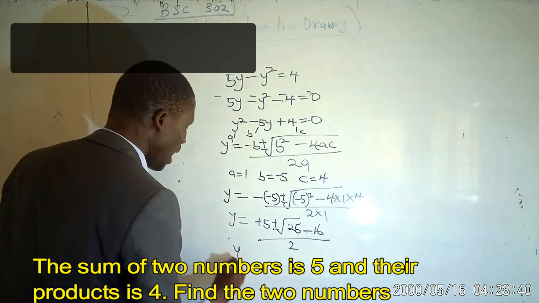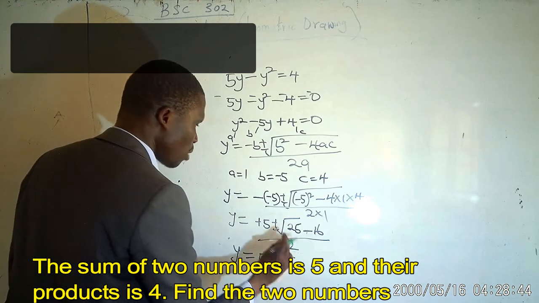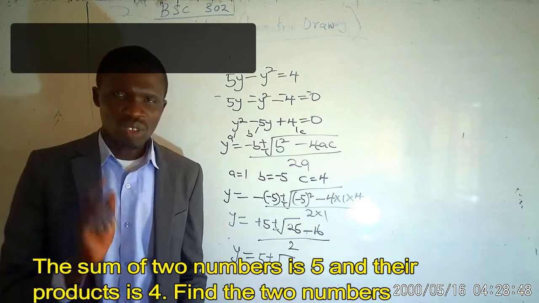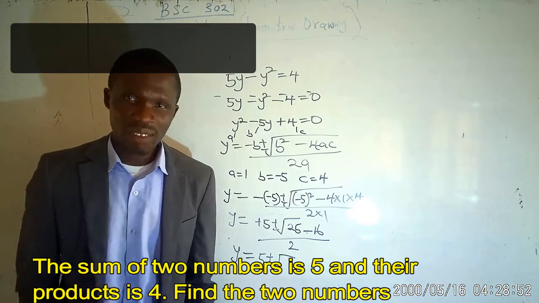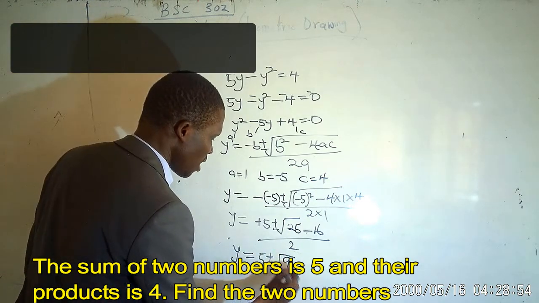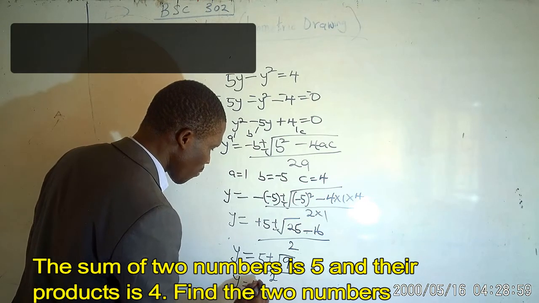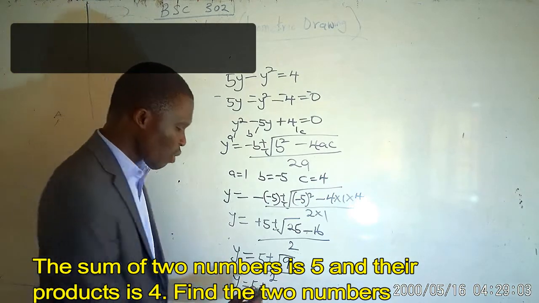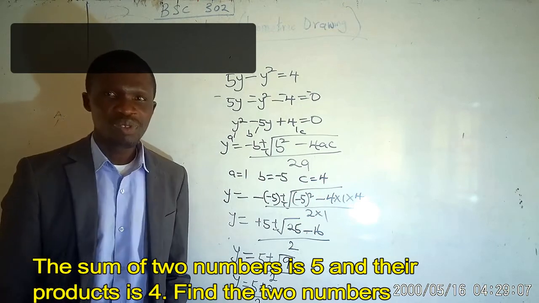Okay, so y will give us 5 plus or minus root 25 minus 16. We are going to get what? I need to test you. 25 minus 16. What are we going to get? We're going to get 9, right? Thank you. I know you get it. Divided by 2. So y will give us 5 plus or minus root 9, which is 3, divided by 2.